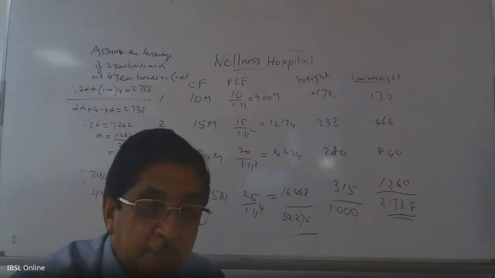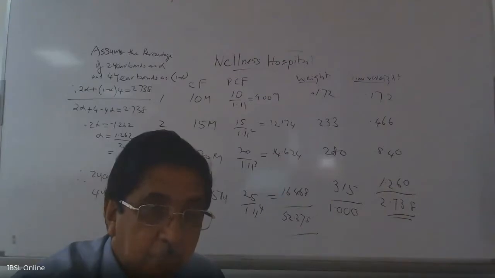8 divided by Dreamstar's beta, Dreamstar is 1, so therefore it is 8. Innova is also 13, 6 divided by... 6.